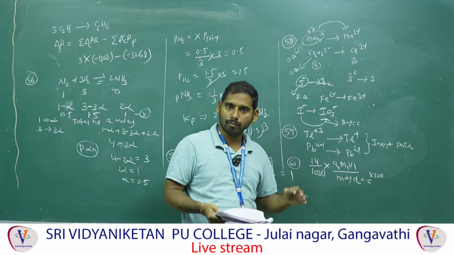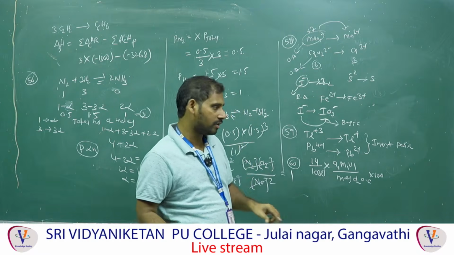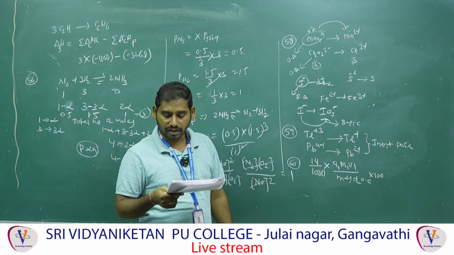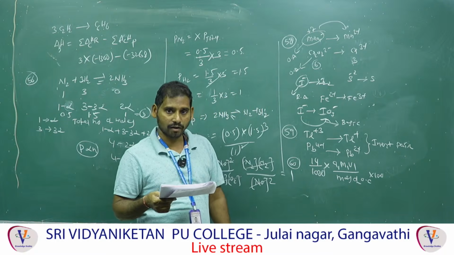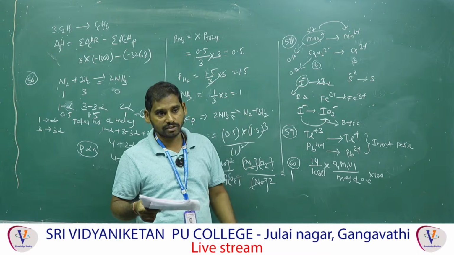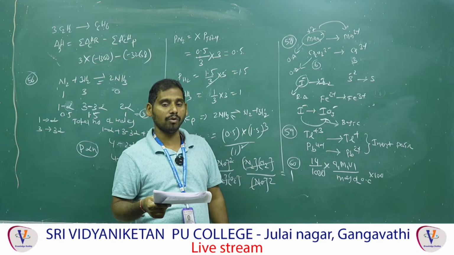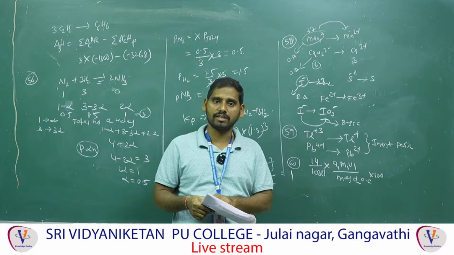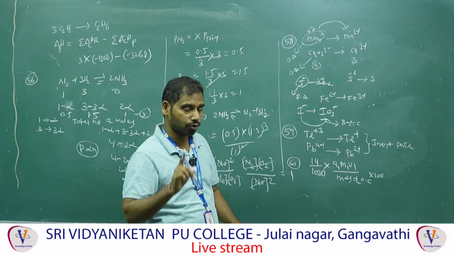If only acid is given, it is just A1 M1 V1. What is A1? A1 for acid is the number of replaceable hydrogen, and for base it is the number of replaceable OH minus ions. For H2SO4, A1 is 2.